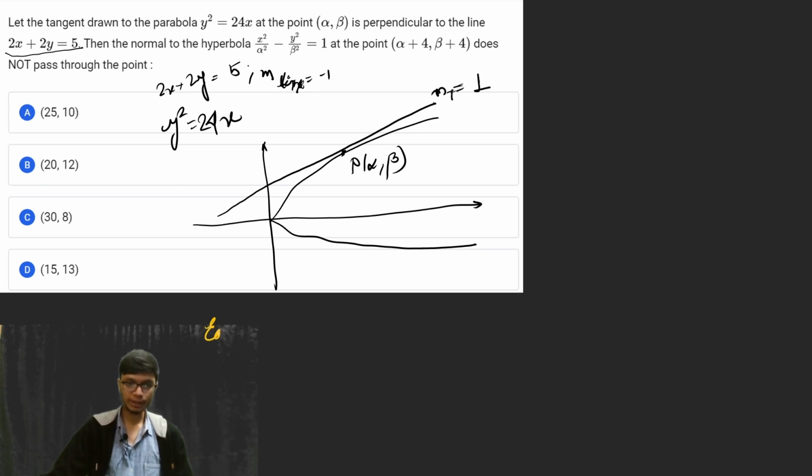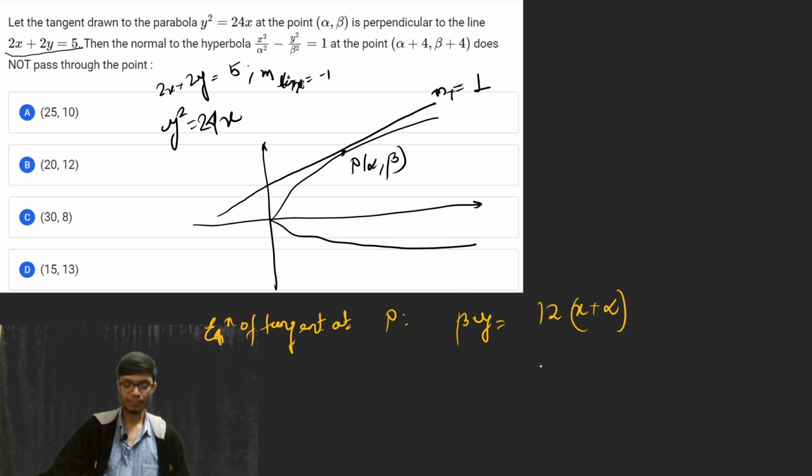Now what will be the equation of the tangent? The equation of the tangent at P is basically beta y equals 24 times x plus alpha by 2, so that will become 12 times x plus alpha. And if we put the slope of this particular line, 12x plus 12 alpha minus beta y is equal to 0.